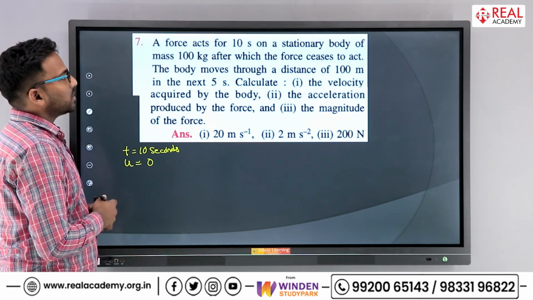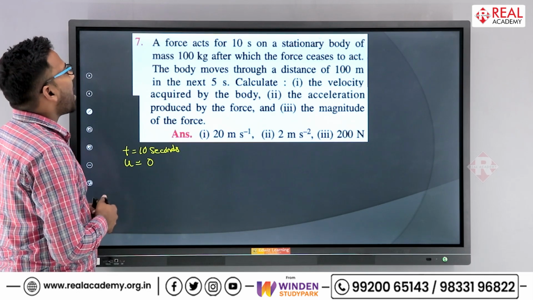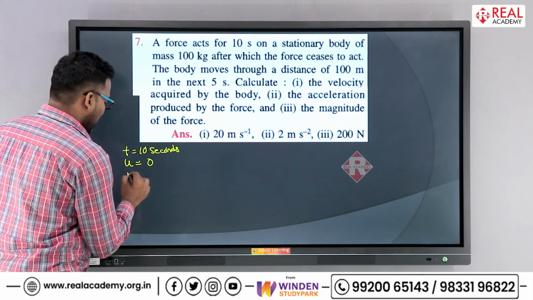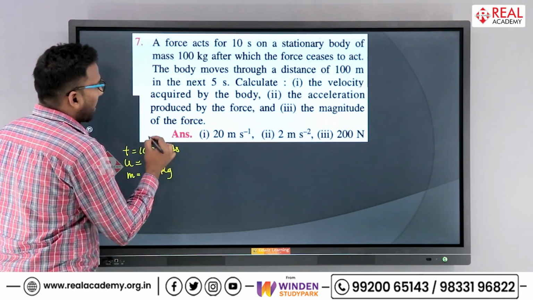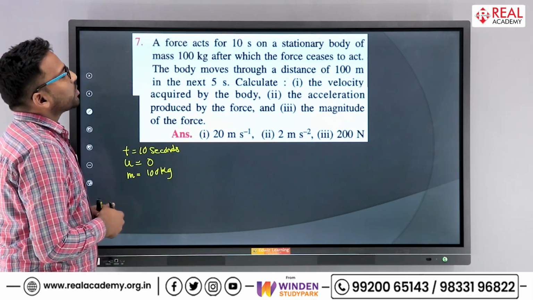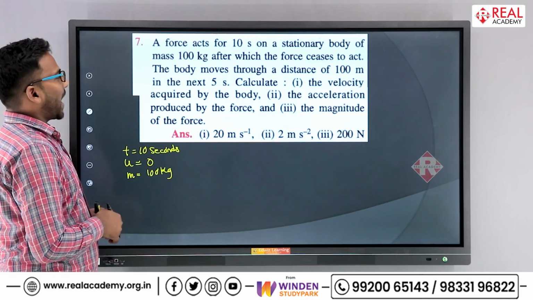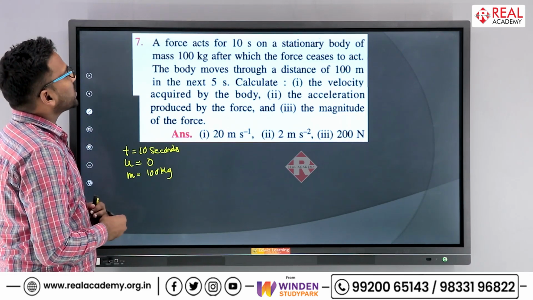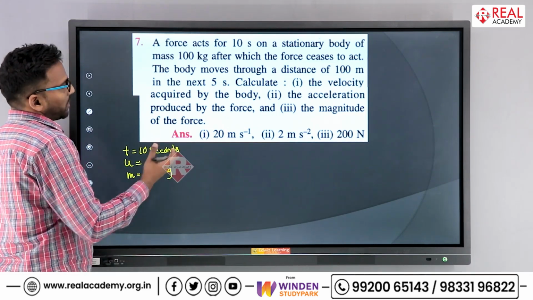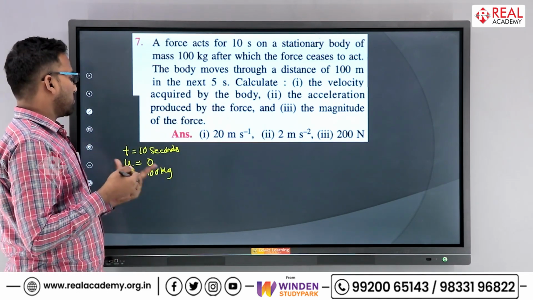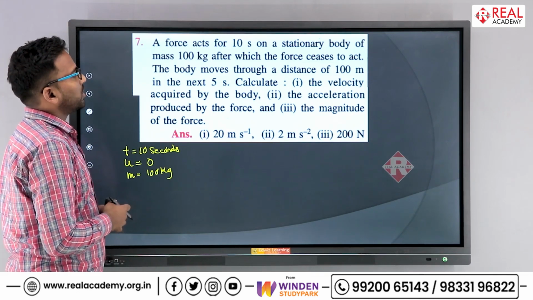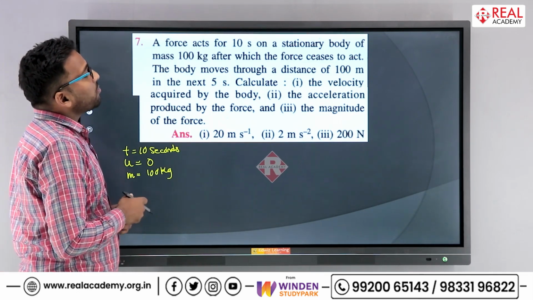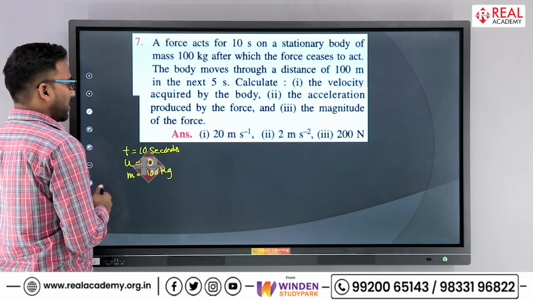Initial velocity is 0, of mass 100 kg. Mass of the body is 100 kg, after which the force ceases to act. That means the force has been removed from this 100 kg body. The body moves through a certain distance of 100 meter.